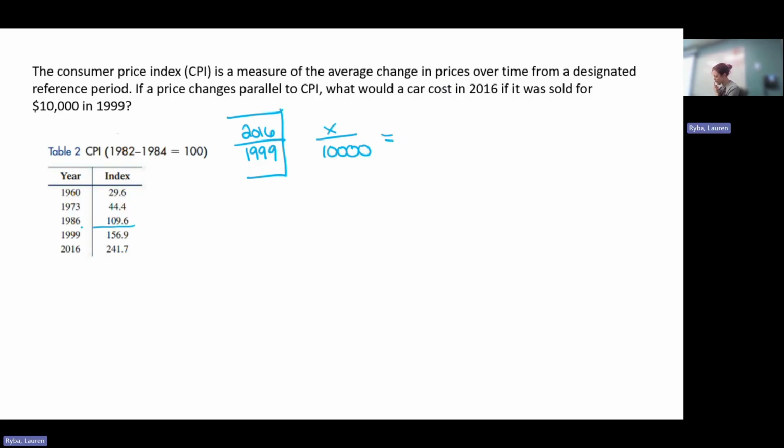And then over here, I have values for 1999, according to the Consumer Price Index, and for 2016. So in 2016, it was 241.7. In 1999, it was 156.9. Okay, so it's still a linear equation.